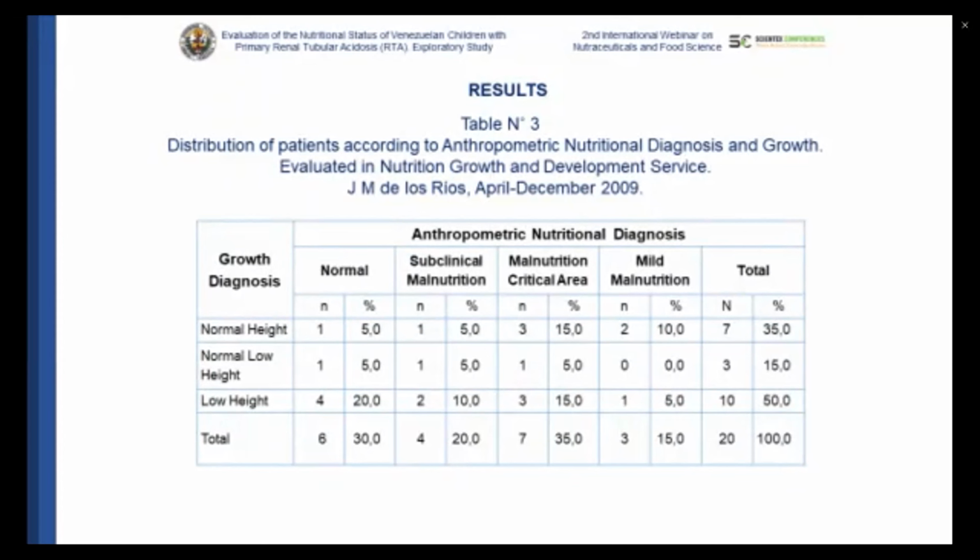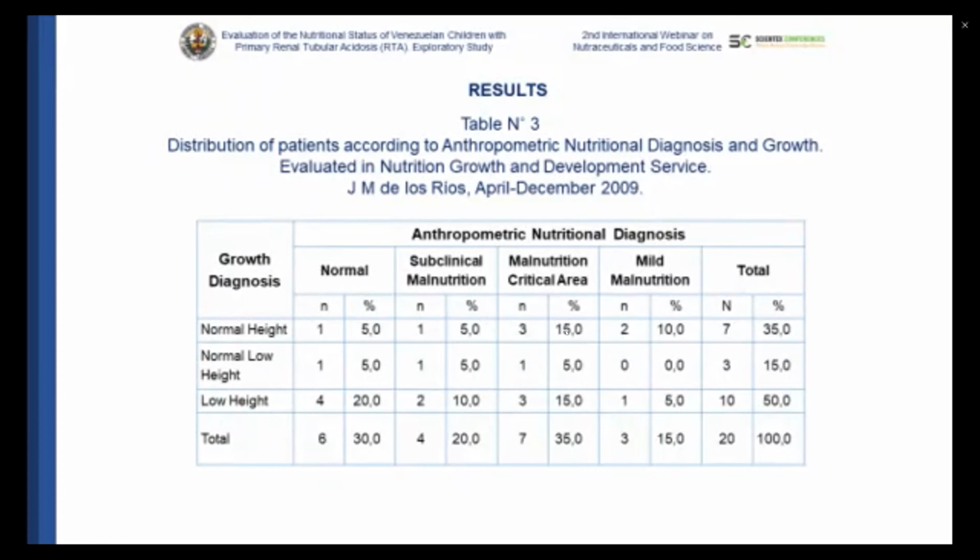Normal high with normal nutrition only 5%, and this particular case is the oldest girl in the whole study. Normal high with subclinical malnutrition 5%, normal high with malnutrition in critical area 15%, and normal high with mild malnutrition 10%.